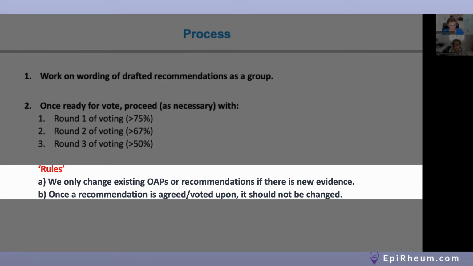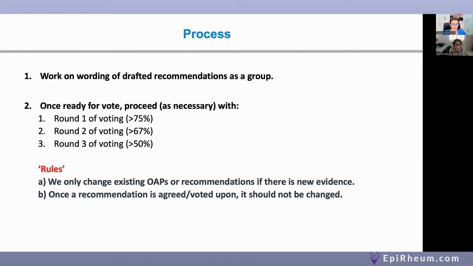No, only if there's new evidence. And also, once a recommendation is agreed and voted upon, it should not be changed. So it cannot be that we have a recommendation, we agreed in the voting, and then 10 recommendations later someone says, I want to go back to recommendation 2, I want to make a change. That's not possible.